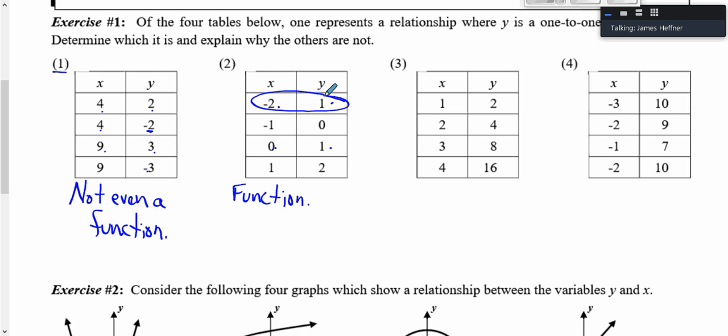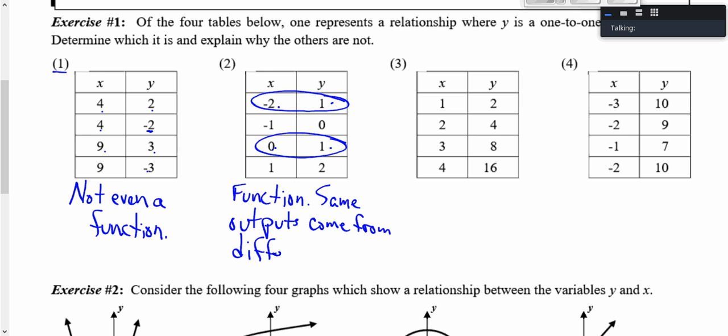Everybody see that? Now I'm getting tongue-tied. Let's put it this way: the same output comes from different inputs, okay?